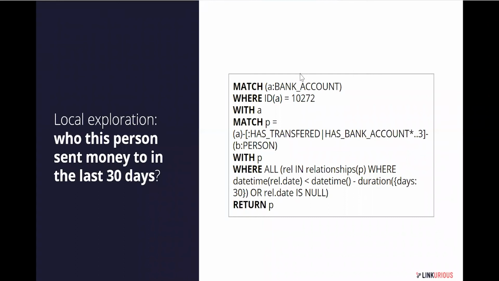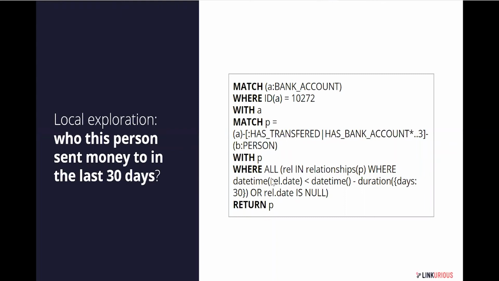So it starts with a match. We are identifying a bank account. Then we have a where clause. We are focusing on a specific bank account with a specific ID. And then we get to work with another match clause where we look into the AS_TRANSFER relationship and the AS_BANK relationships up to 3 levels down. And we want to identify the persons who are connected with our starting node via these types of relationships.